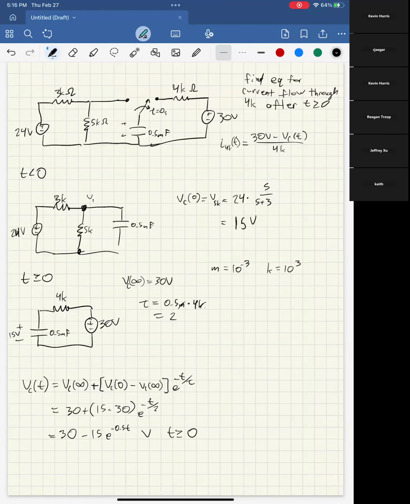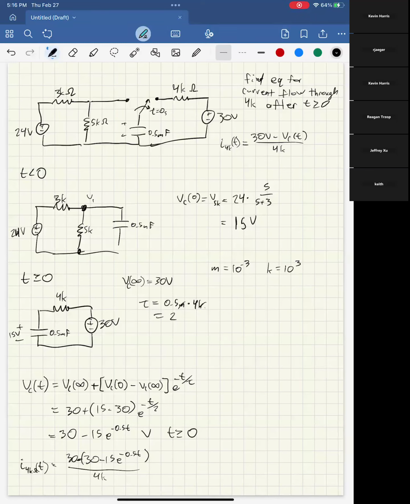So then when I guessed, this was correct. That's in the right order. So if we want the current through that 4 kilo ohm resistor at time t, it is going to be 30 minus this equation we just had. 30 minus, in parentheses, 30 minus 15 e to the negative 0.5 t, over 4k.